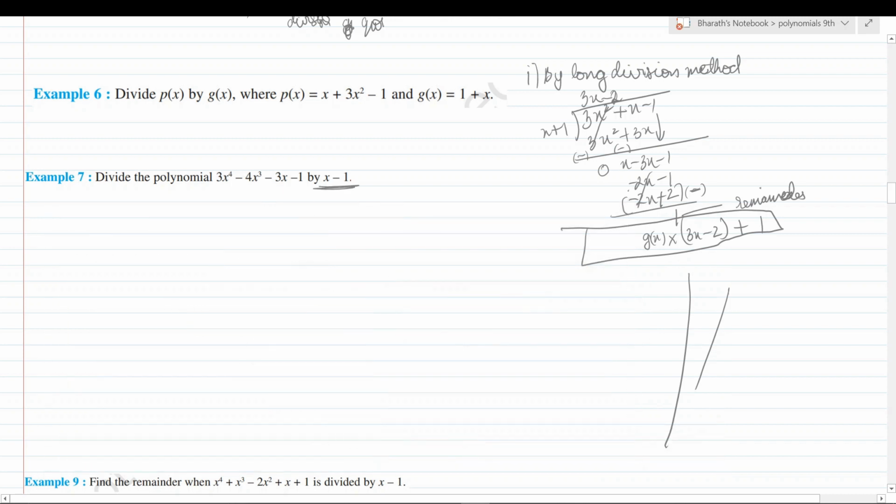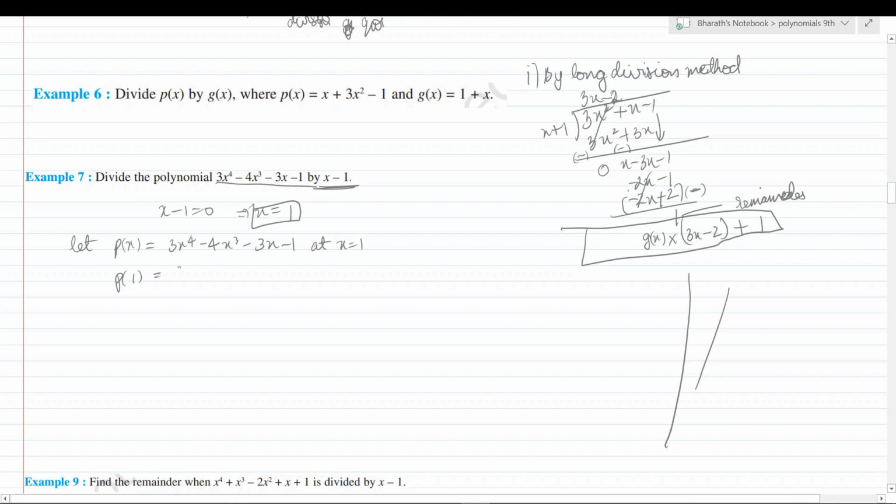Now here we take this term, equate it to 0, then we get x value as 1. Substitute the x value in this whole equation. Let p of x is equal to 3x4 minus 3x cube minus 3x minus 4, then x is equal to 1.